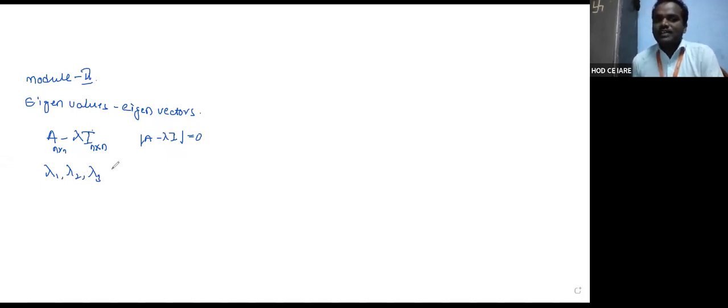Another name for eigenvalues is latent roots. Next, characteristic roots.